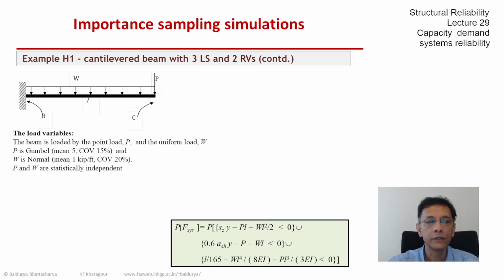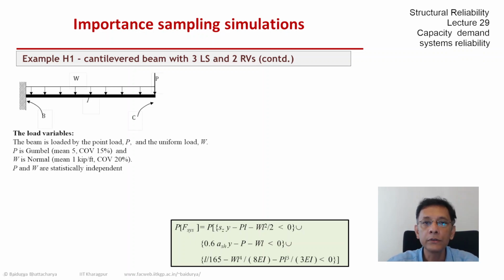So let's first introduce the load variables. Let's say the point load P is Gumbel with mean 5 kip. That unit kip is missing, and the distributed load is 1 kip per linear foot with a COV of 20%, and let P and W be independent.